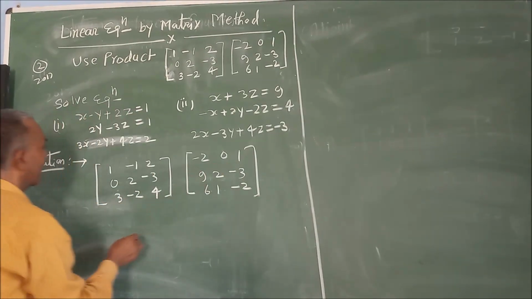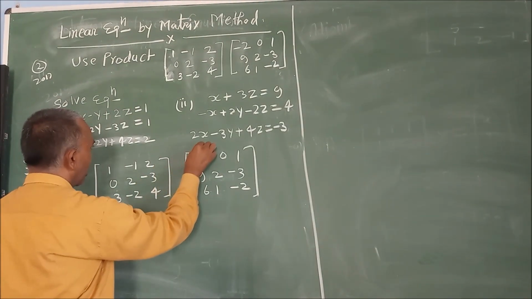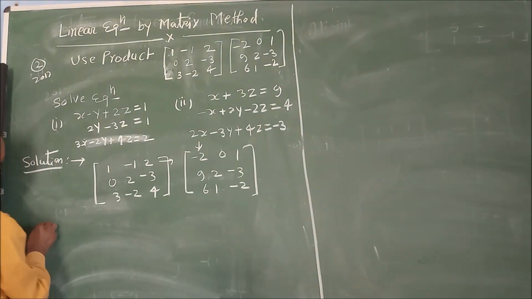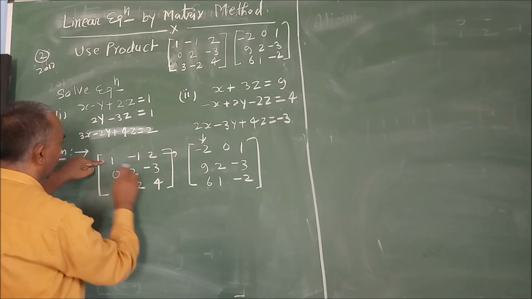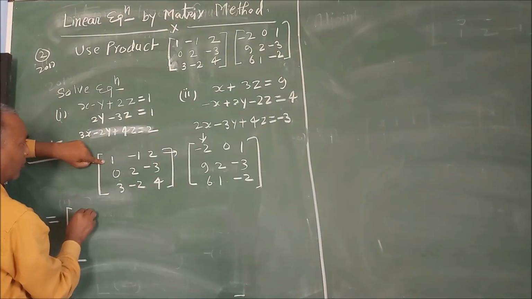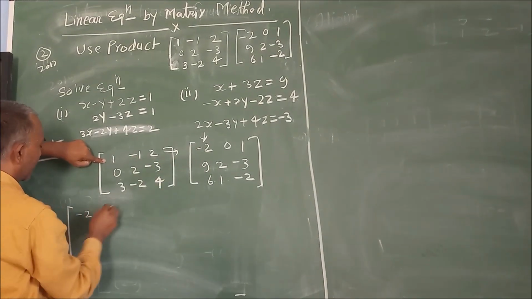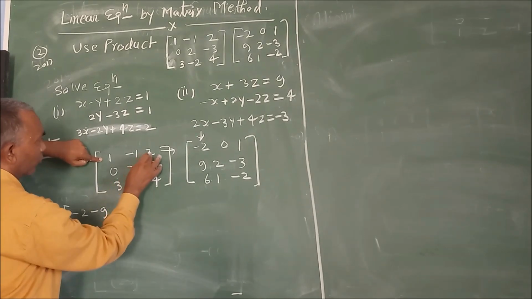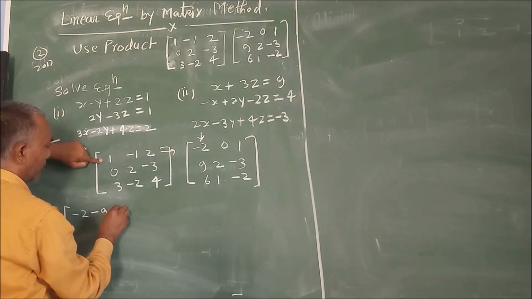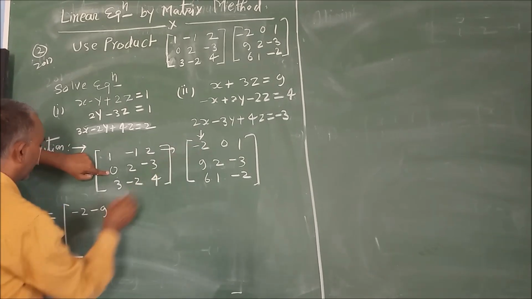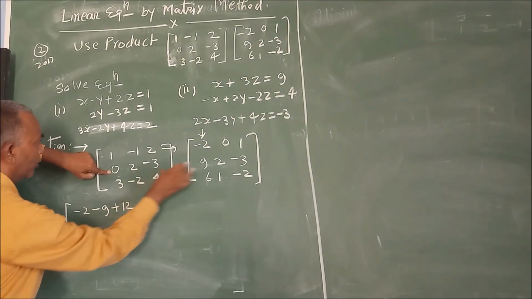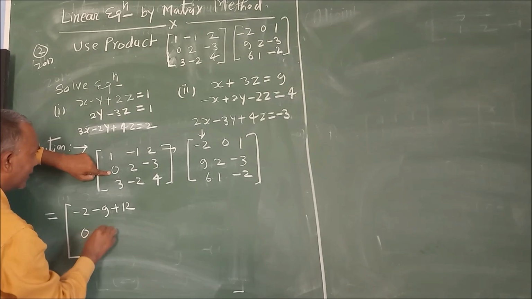So we have to multiply these two. Multiply R1 to C1. 1 into minus 2 is minus 2. Minus 1 into 9 is minus 9. 2 into 6 is plus 12. Again 0 into minus 2 is 0, 2 into 9 is plus 18.